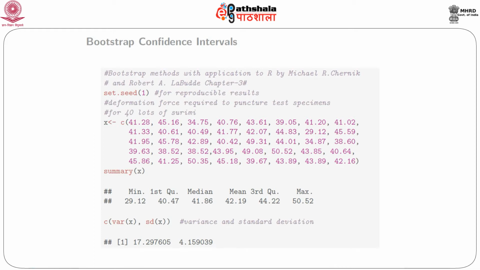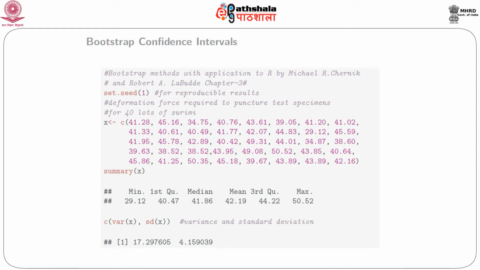So, the data looks like this: these are the 40 values starting with 41.28 to 42.16. So, we can say x, and then we can store the data in x, and if we go by summary of x, then the minimum value is 29.12, maximum is 50.52, variance comes out to be 17.297, standard deviation comes out to be 4.159.